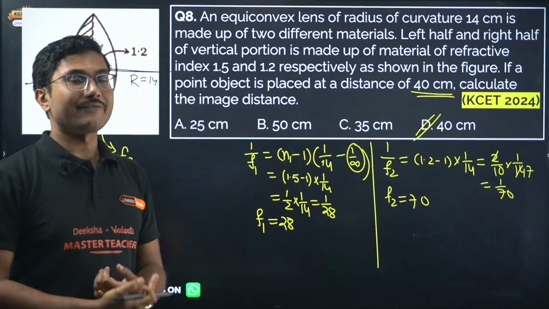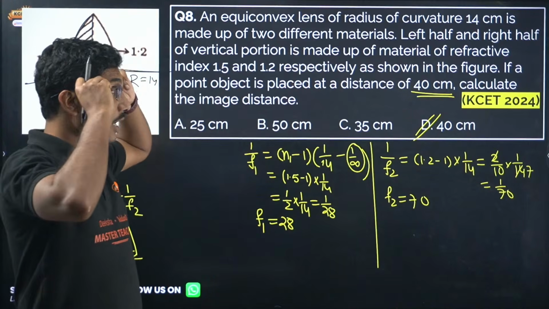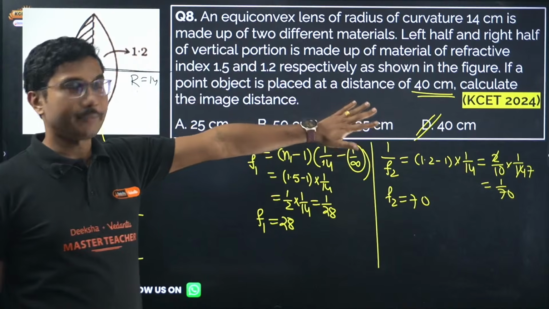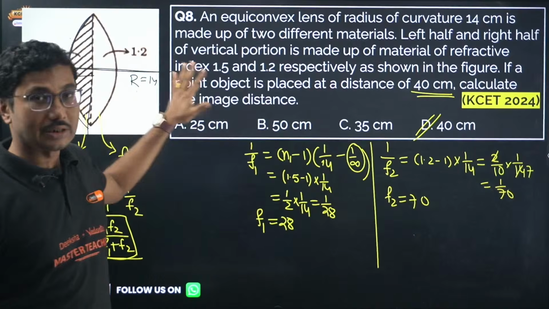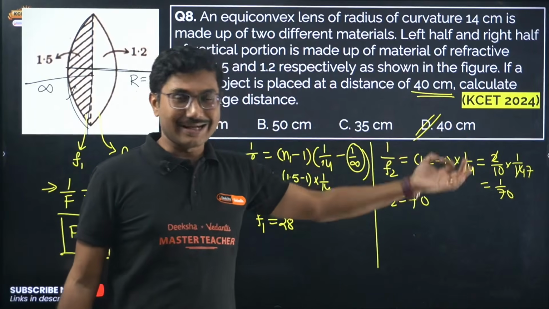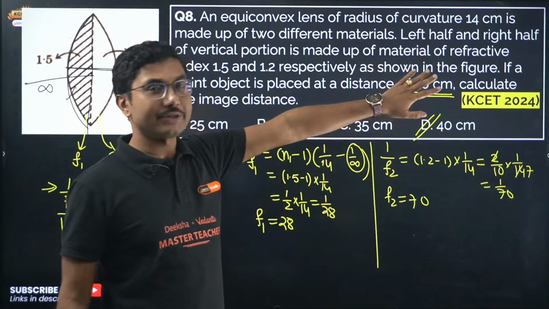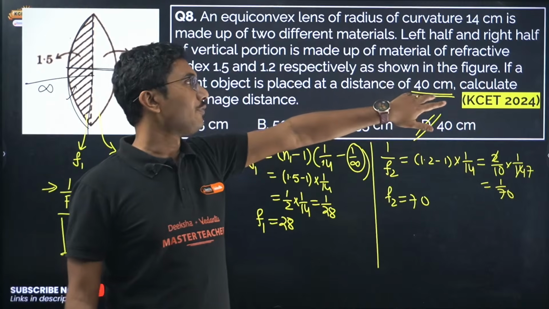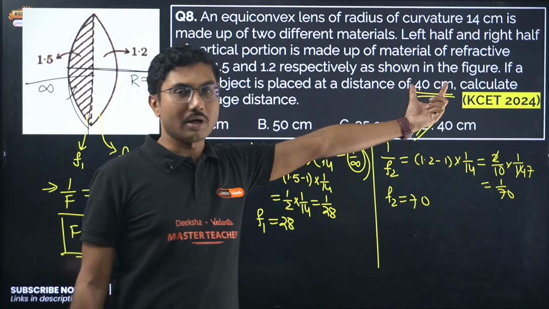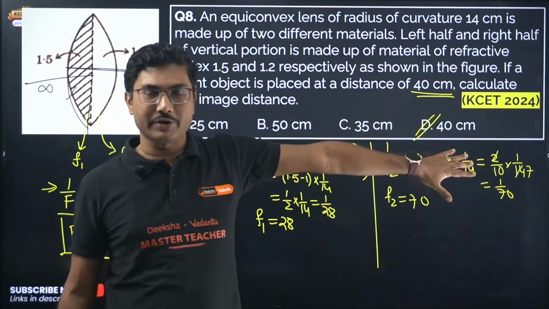Now if you don't have time to solve such questions, suppose you realize this is a difficult question, you require some time to solve it exactly the way it is required. So if you want to guess the answer, in KCET there is a tendency that the image distance and object distance are given as the same. So if the object distance is 40 centimeter, the image distance can be 40 centimeter.